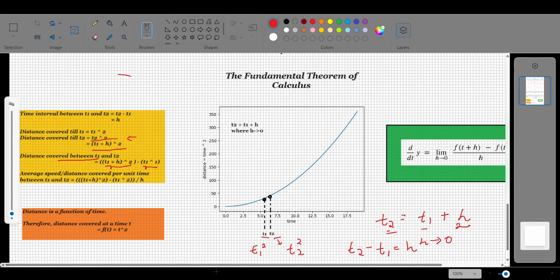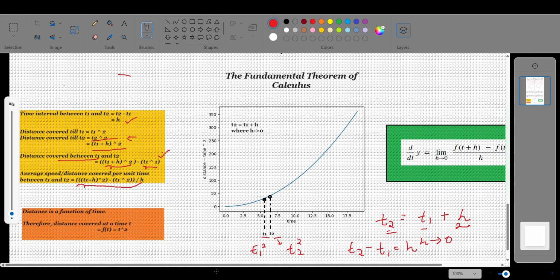Now, to understand the average speed, we need to divide the distance covered in the interval t1, t2 by the time taken in t1, t2, which we saw was h. Therefore, the average speed is t1 plus h the whole squared minus t1 squared, and the whole thing divided by h.